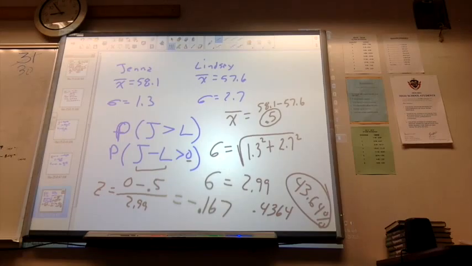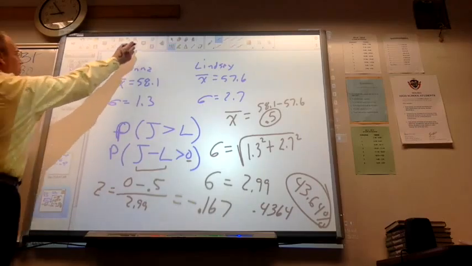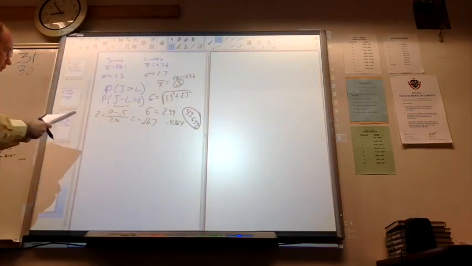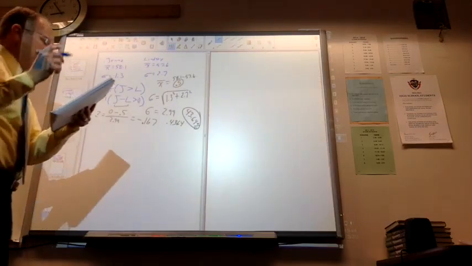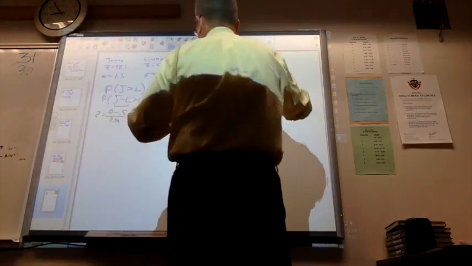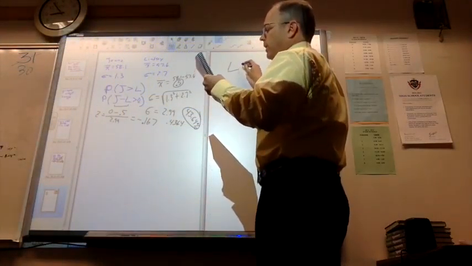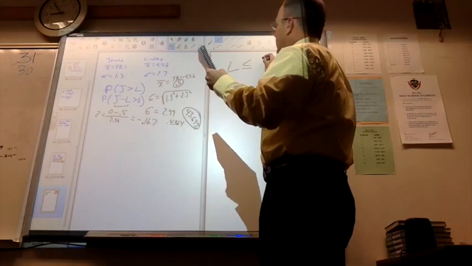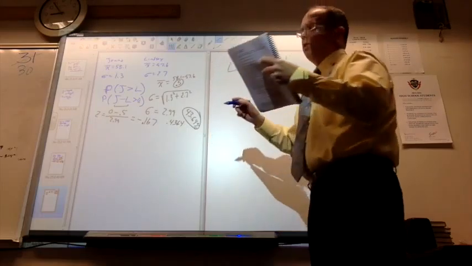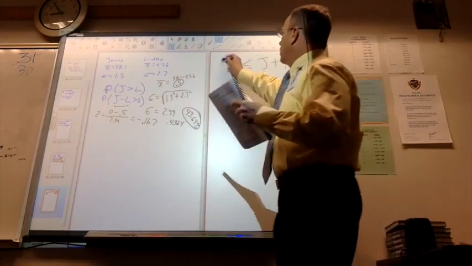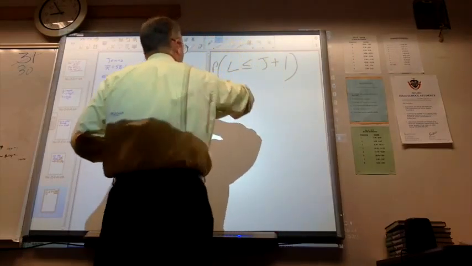Then the next one, letter G. Somebody split the screen. We're still going to use the same information, but we're going to have Lindsay as a whole second faster. So Lindsay, her score is faster than Jenna plus a second. So we want to know the probability of this happening.